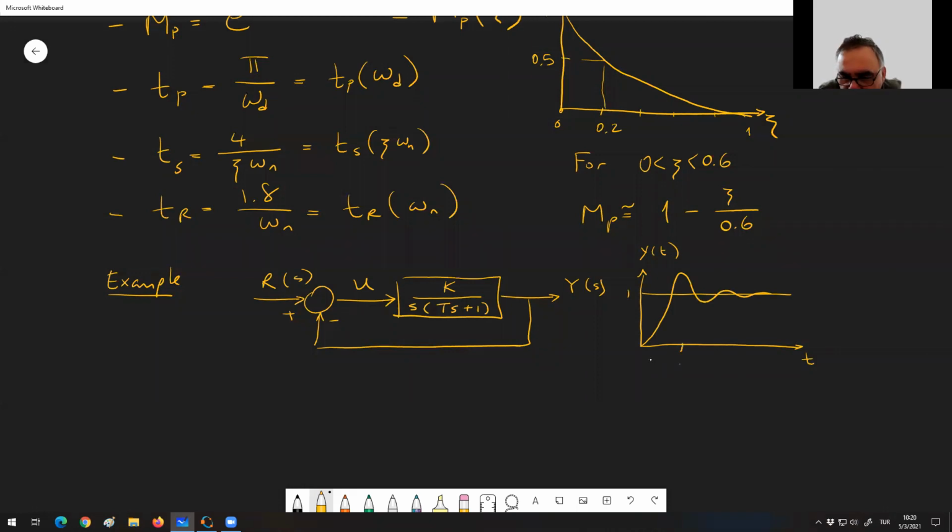Okay, the peak is at 3 seconds, and this value we have here, in another color, is 0.254. This distance is 0.254. So it's the maximum overshoot and the peak time.